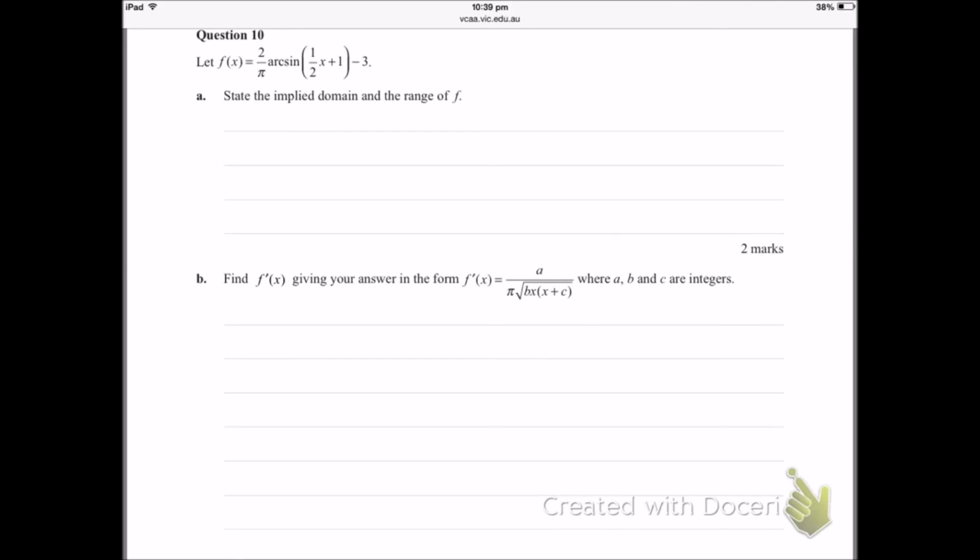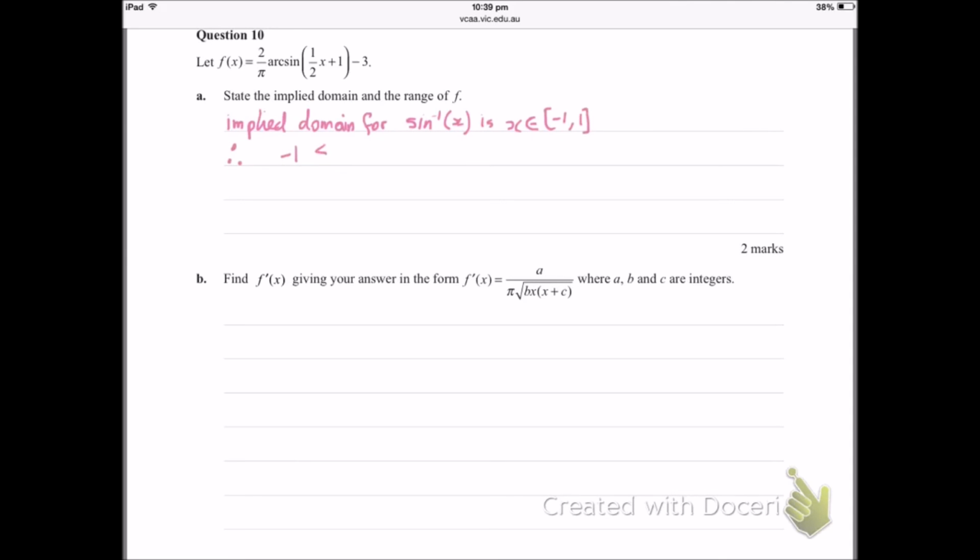Alright, now question 10 gives us some function here, an inverse sine function, and we have to find the domain and range. The domain and range for basic inverse sine is stated on the formula sheet. It's important to look that up. The implied domain for just the basic inverse sine of x goes from -1 to 1.